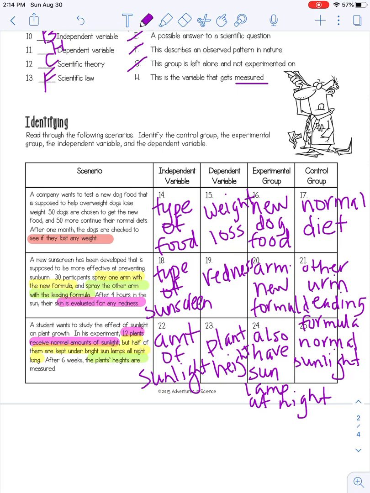So same plant, same height, same sunlight, same soil, same fertilizer, same size pot, same amount of water. All of that has got to be the same. The only thing that is different is the addition of the sun lamp at night for the experimental group. And after 6 weeks, they're going to measure the height of both groups and see: does this sun lamp make a difference?